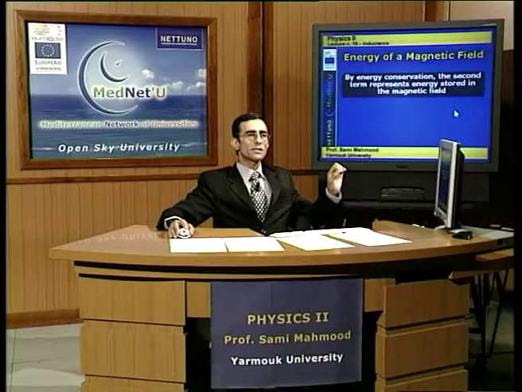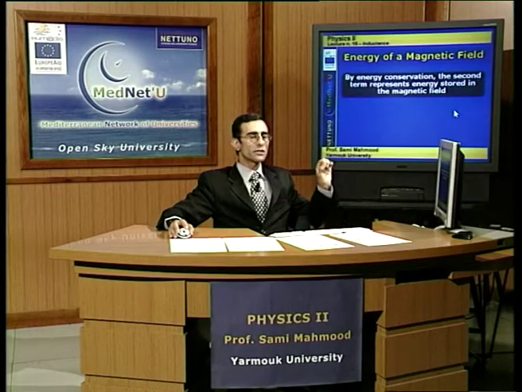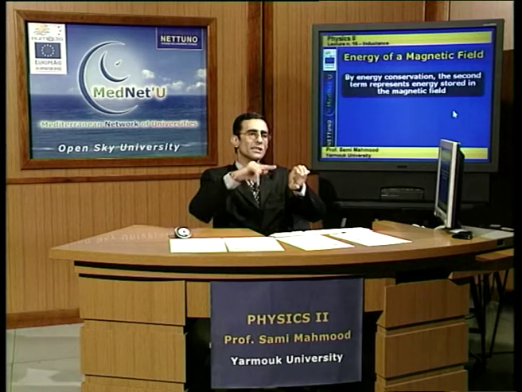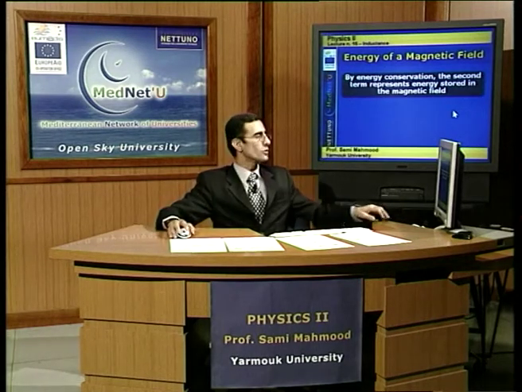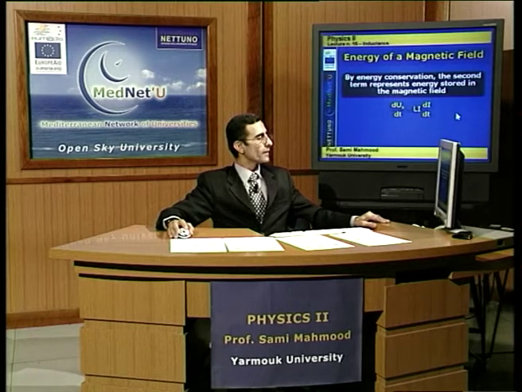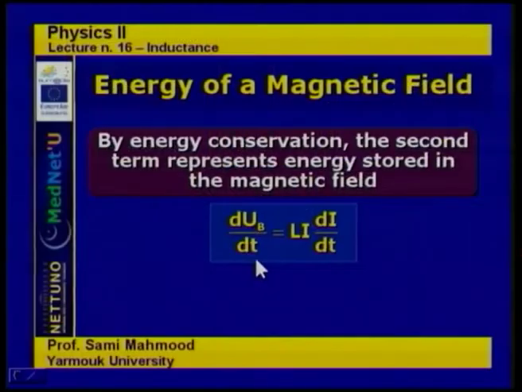But how does it store the energy in the inductor? It stores it as energy in the magnetic field, because the inductor has a magnetic field as the current goes in. And thus dU_B by dt, the rate of change of the magnetic energy stored in the inductor, is simply the self-inductance L times I times dI by dt.